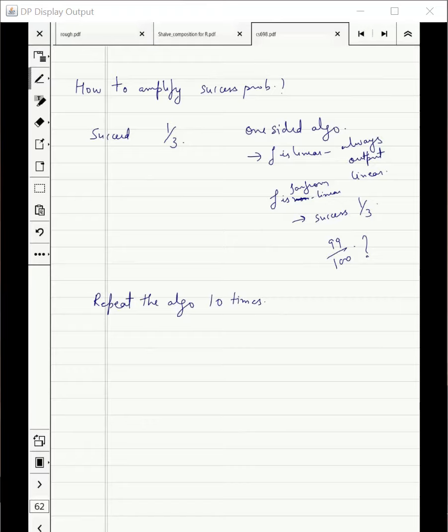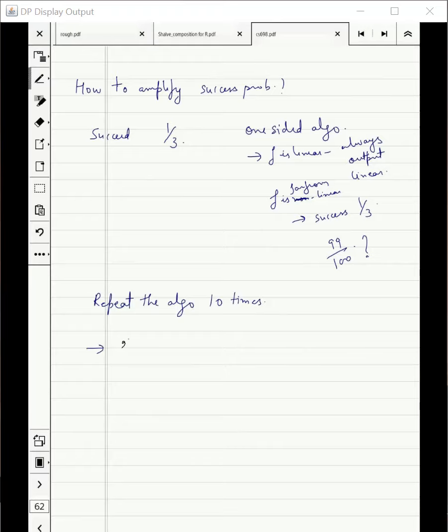If you repeat the algo 10 times, you have chosen 10 pairs, and for each pair you are checking whether f(x+y) is equal to f(x) times f(y) or not, right?